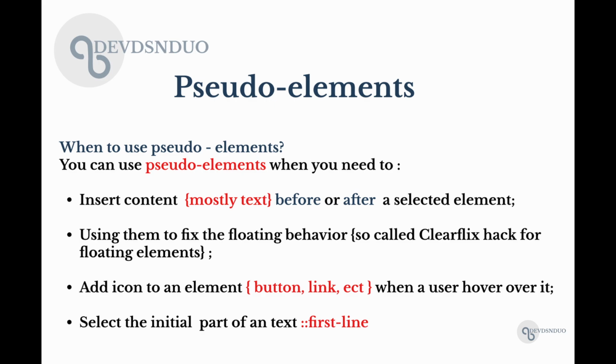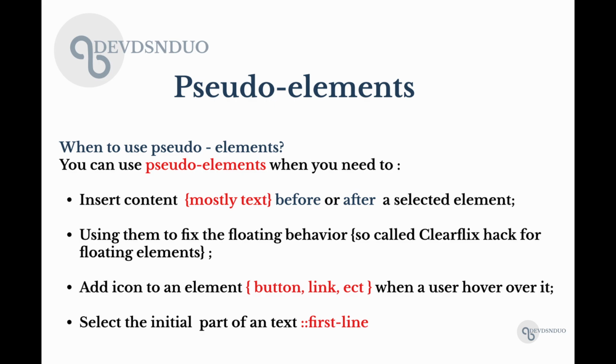And when should you use pseudo-elements? You can use pseudo-elements when you need to insert content, mostly text, before or after a selected element. You can use them to fix the floating behavior, the so-called clearfix hack in CSS.